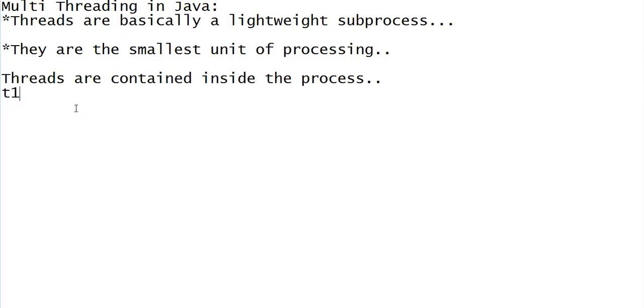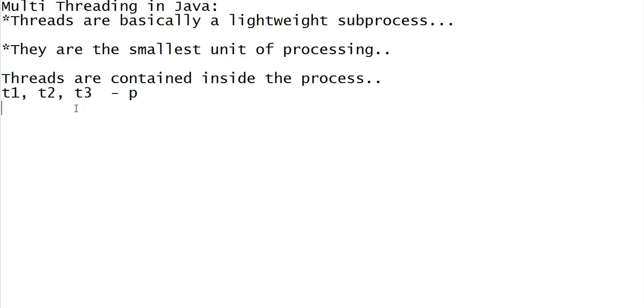If there are threads T1, T2 and T3, then they can be contained inside a process P. This gives you an idea of what threads are and where they exist.